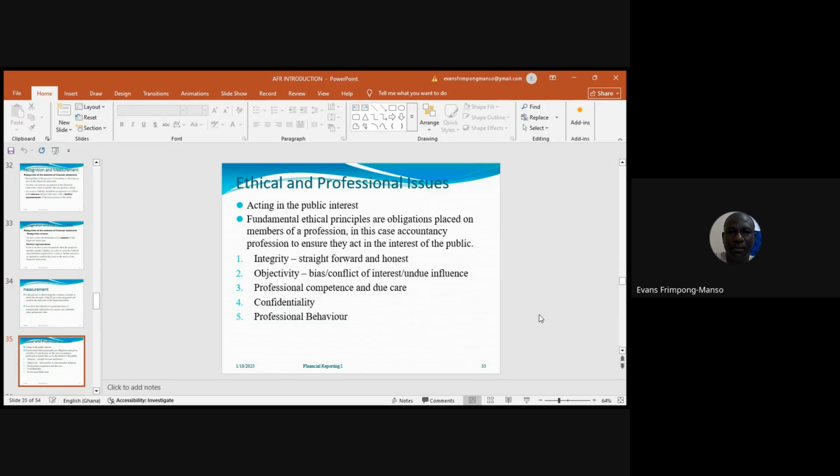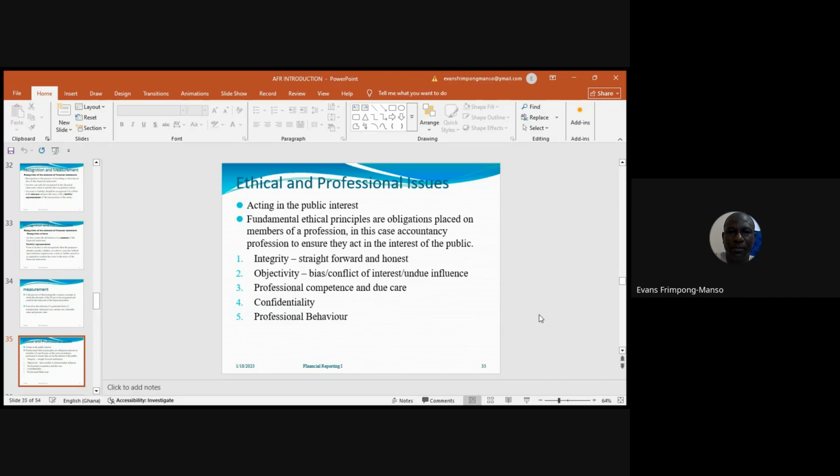When I say you are being ethical, it means that you are doing things that, in the eyes of reasonable persons, are the actual things that you ought to do. So, as an accountant, when preparing financial statements, there are some ethics that you should adhere to.